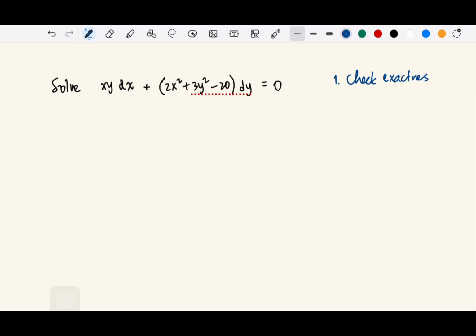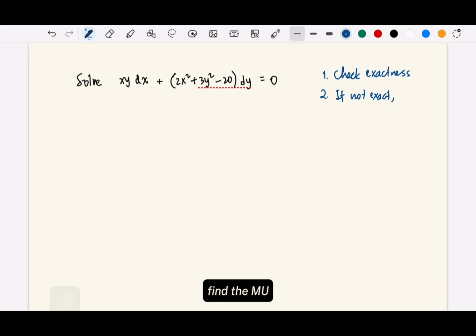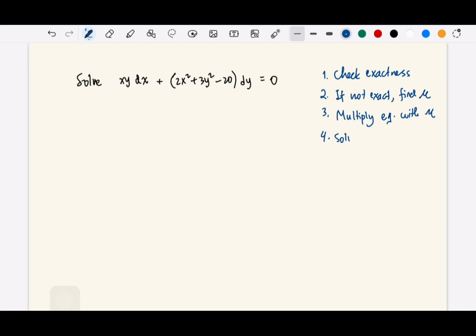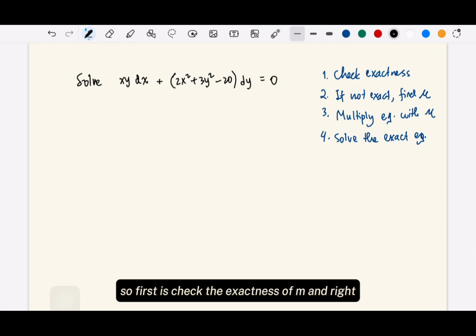Second, if not exact, find the mu. Third, multiply the equation with mu, and then solve the exact equation. Okay. So first is check the exactness.